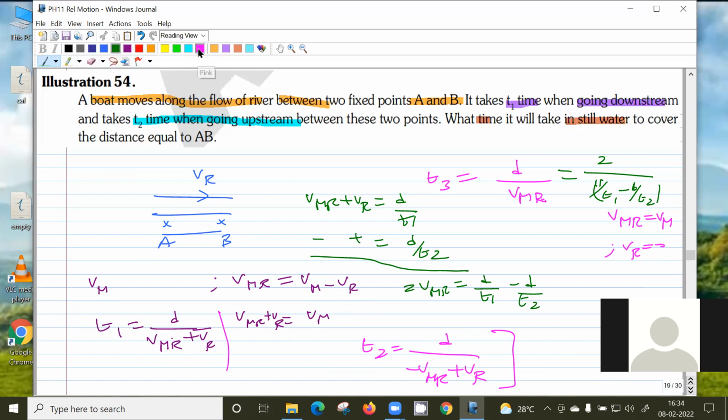Otherwise, he won't be able to travel from A to B. So this one should be plus and this one is minus. The important thing is the velocity of river should be dominant.